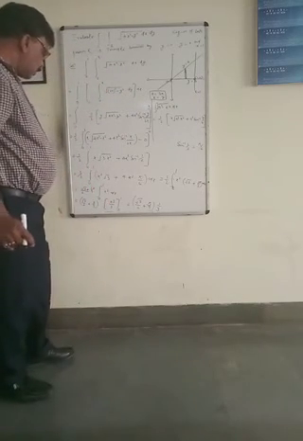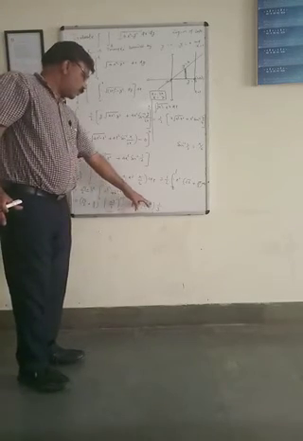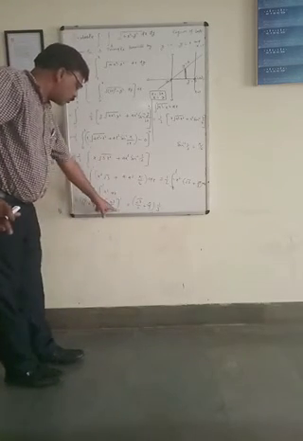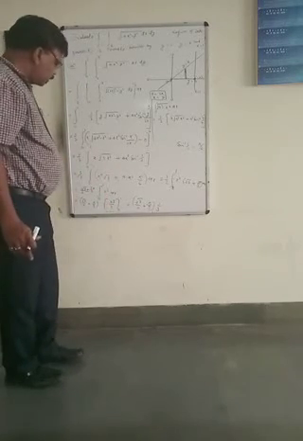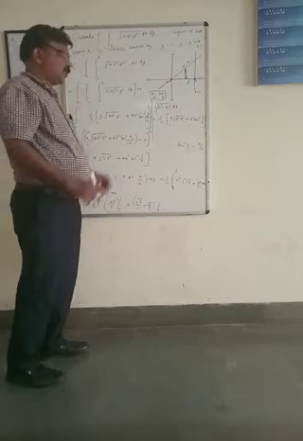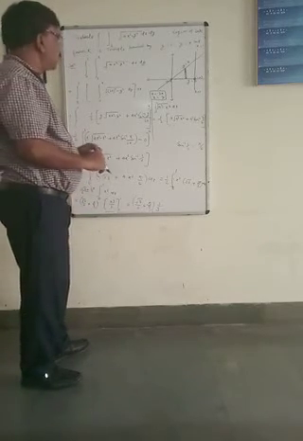So the answer of this question is root 3 by 2 plus pi by 3 into 1 by 3. It is because whenever we put 0 in place of x cube, the term will vanish. So this is the solution of this numerical question.